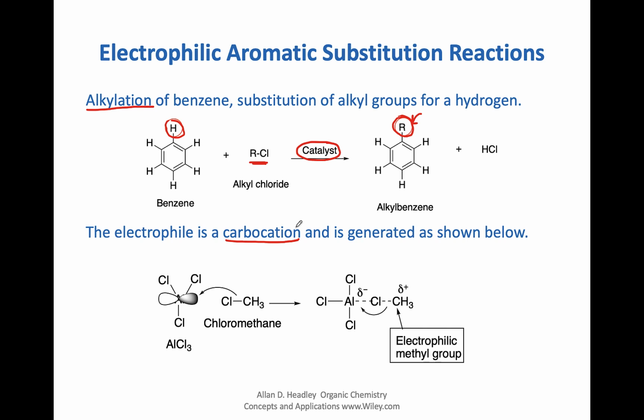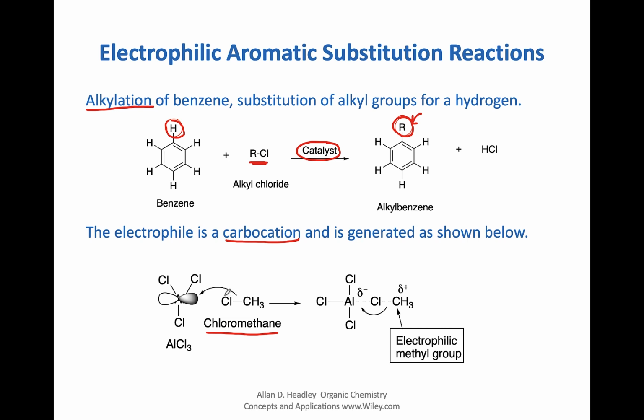How do we get that carbocation? Here's an example. Here's chloromethane in the presence of a catalyst. This time it's AlCl3, a strong Lewis acid, which has here a vacant p orbital. A vacant orbital.